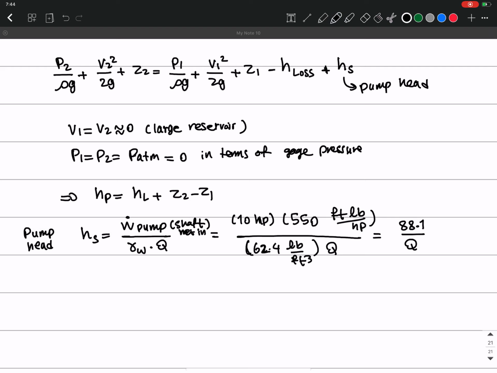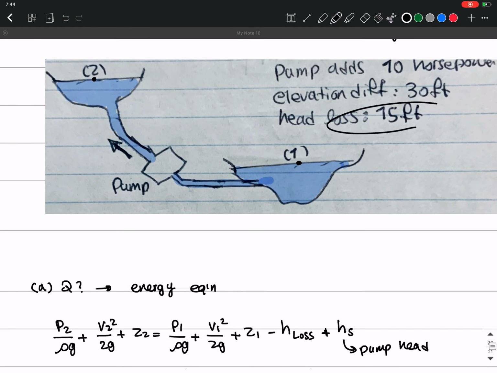So now I have everything I need. So instead of H, this is also HS. So instead of HS, I write 88.1 over Q equals HL, which is how much head loss, which we have as 15 foot.